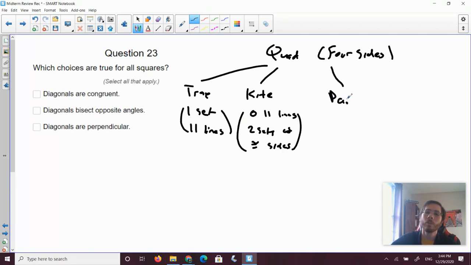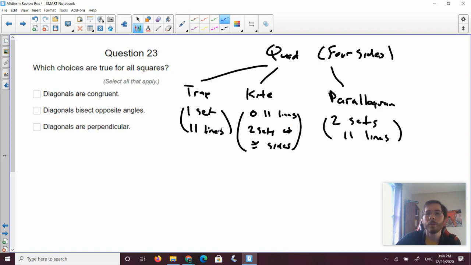And the other special one we had was a parallelogram. For a parallelogram, instead of 0 sets or one set, it's got two sets of parallel lines. So if I check over here, I can pick everything that I want from a parallelogram because a square lives in the parallelogram family.